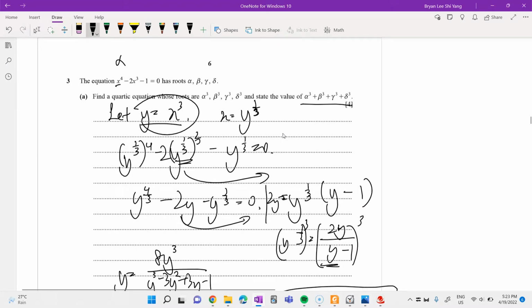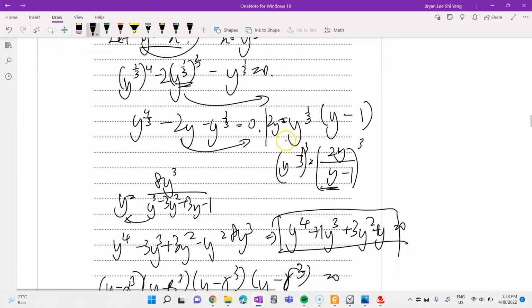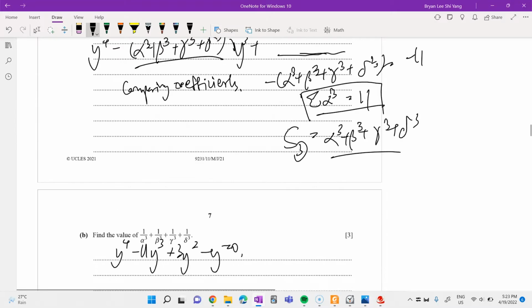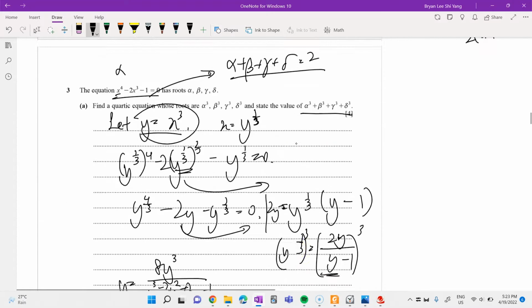Okay. Again, for this equation, alpha plus beta plus gamma plus delta equals, not 0, equals 2. So we'll note this first. Now, remember our x to the 4th minus 3x cubed plus 1, is it plus 1?